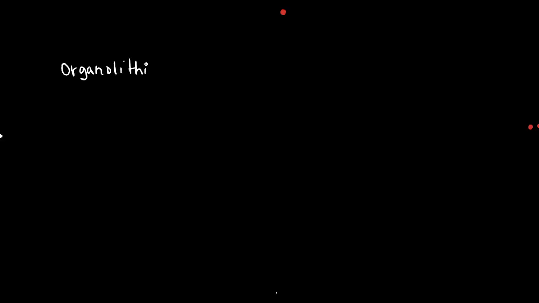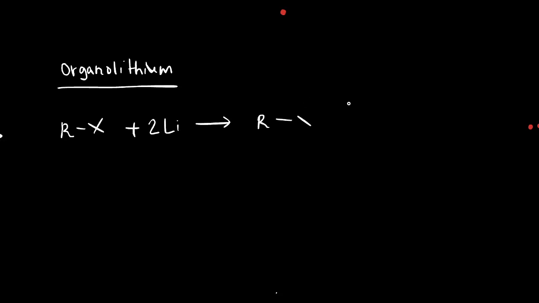So if we want to generate an organolithium, we're going to have to react some RX, some alkyl halide, with two lithiums in order to then get this organolithium, where we have this R-Li, and we also form an LiX.